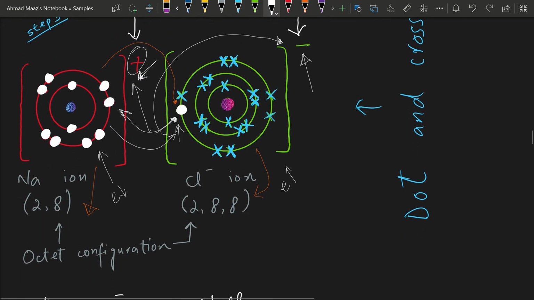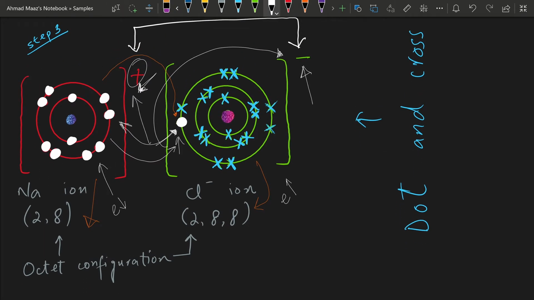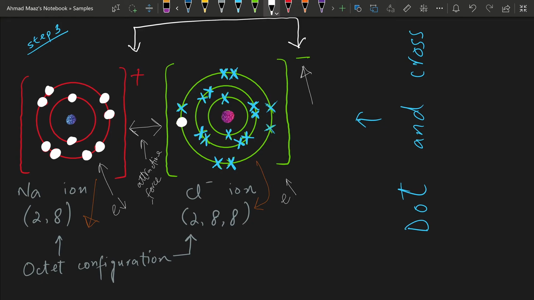Now these positive and negative charges are responsible for the sodium and chlorine atoms remaining together. These two charges will have an attractive force, an electrostatic attraction between them. And what is that force?